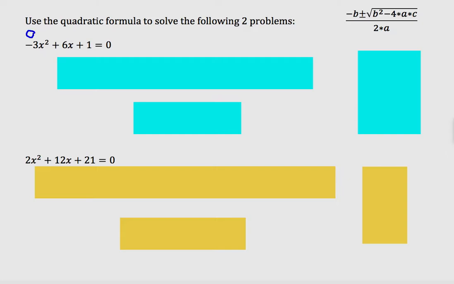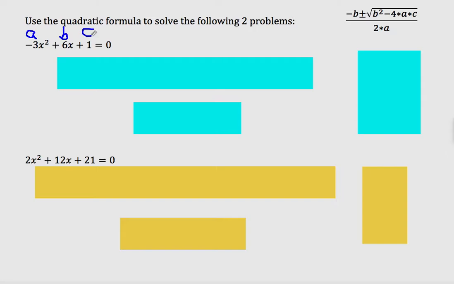So again, hopefully you remember that A is the number in front of your x squared term. B is the number in front of the x term, and C is your constant term.